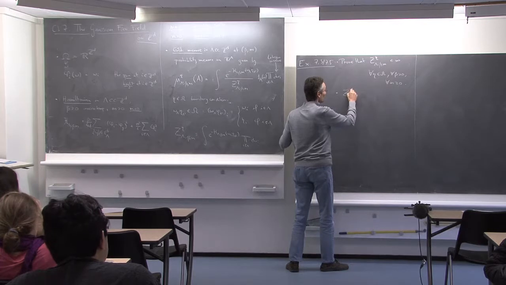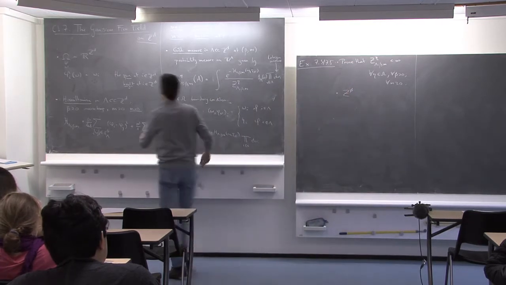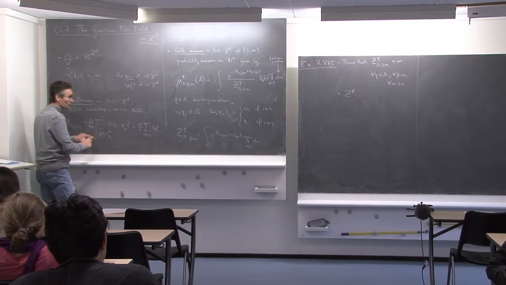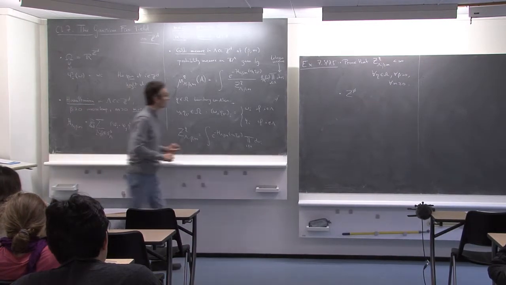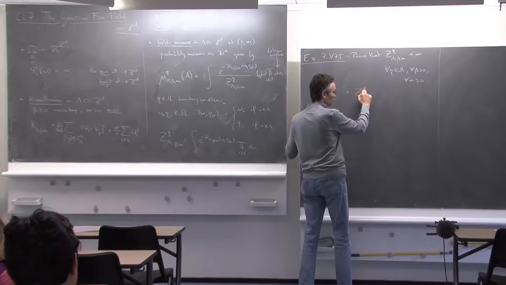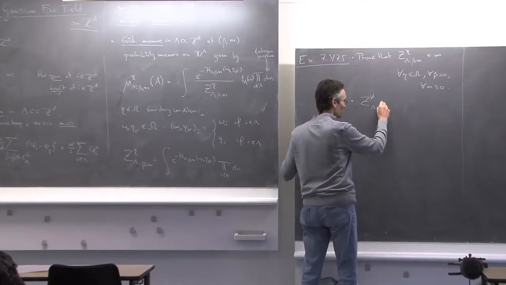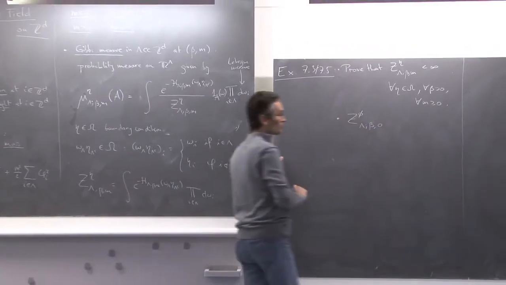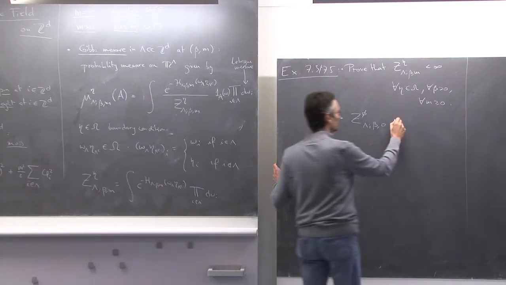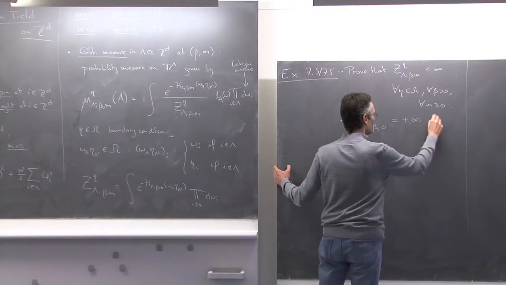If you define free boundary condition in the natural way, so in the Hamiltonian you just restrict the sum over all edges which are inside the box lambda, of the same type of terms, then it's very easy to check, and I let you check that, that the partition function with free boundary condition defined in the natural way, when m is equal to 0, when there is no mass term, is always infinite, for all beta.